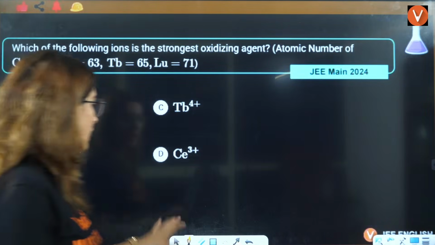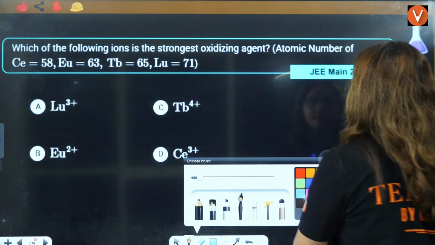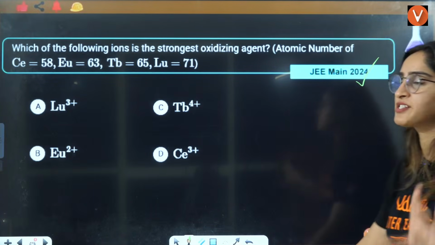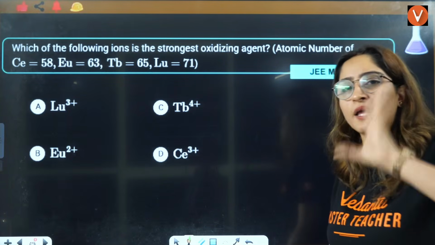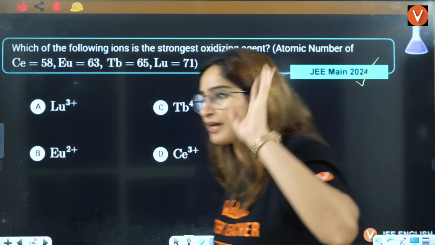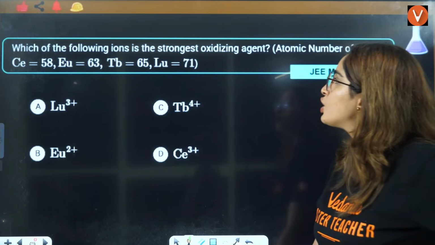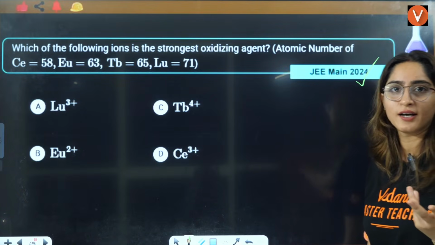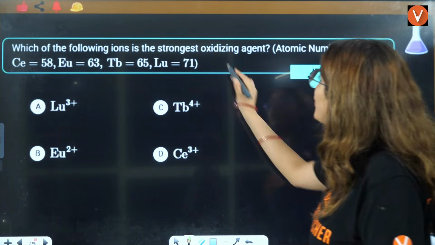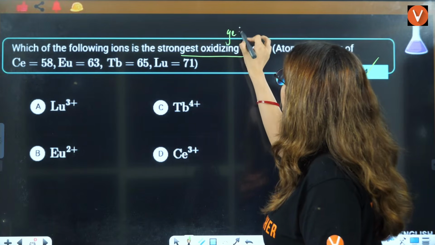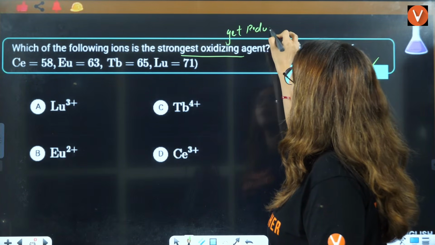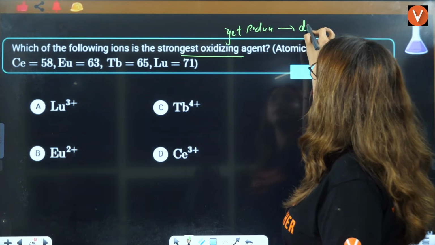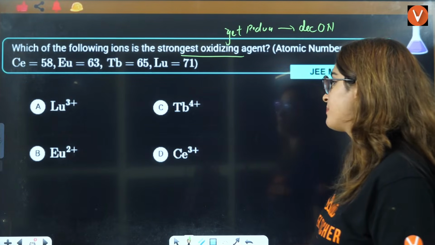Okay. Let's see some JEE questions. JEE 2024 question based, mostly you will see from lanthanoids, they have asked you questions from electronic configurations, right? Which of the following ions is the strongest oxidizing agent, which would want to get reduced, which would want to decrease oxidation number?